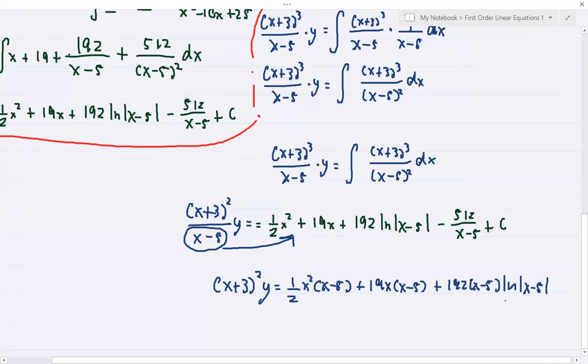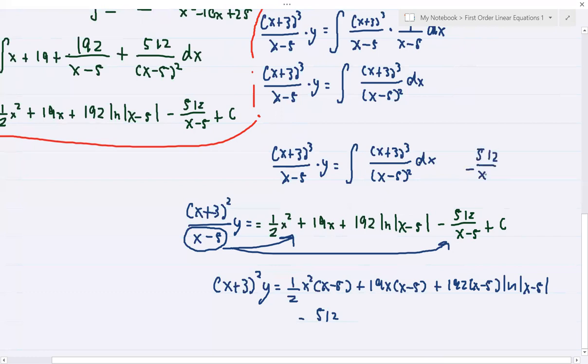And then here, this would be minus 512. Because if you're going to multiply x minus 5 to negative 512 all over x minus 5, the x minus 5 on the denominator will be cancelled. Okay?